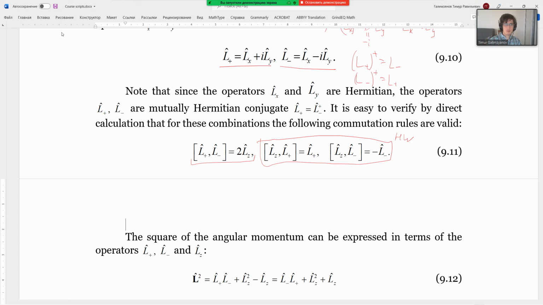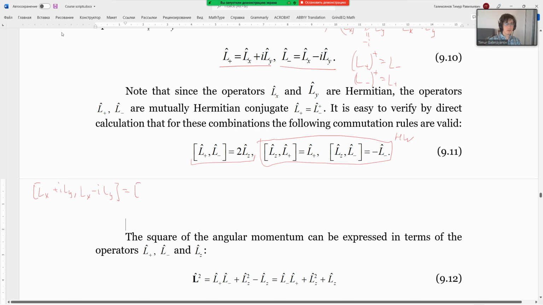The commutator of L plus and L minus equals the commutator of Lx plus i Ly with Lx minus i Ly. So we can expand these commutators.